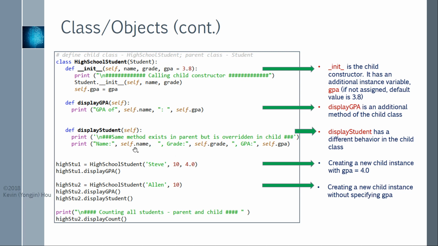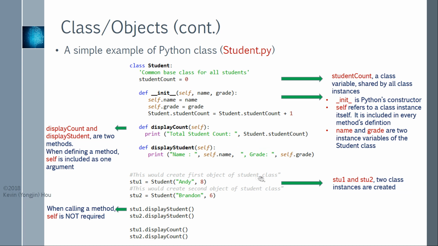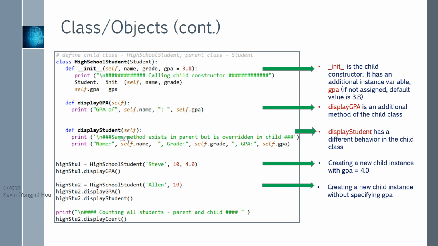So in here, in the high school student class, we are printing the name, grade, as well as GPA. Again, in the base class, you do not have a GPA. You just print the name and grade for student, right? Printing GPA as part of the information of student is something unique to the high school student.